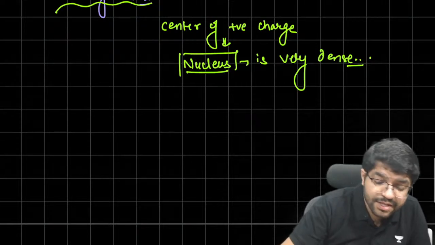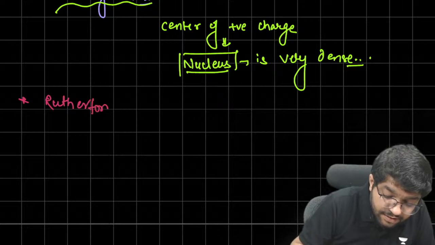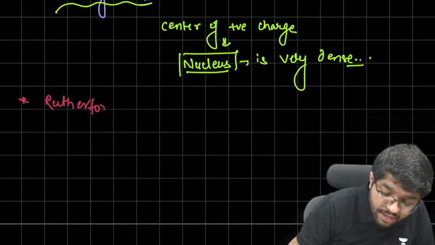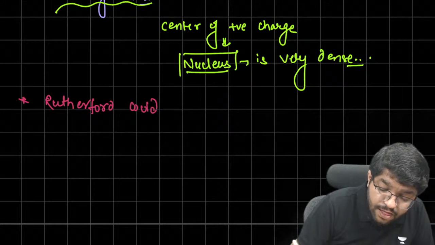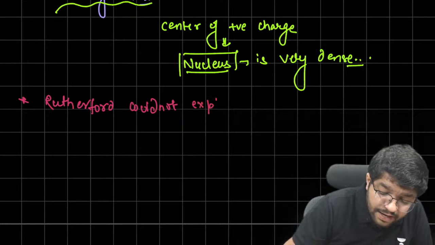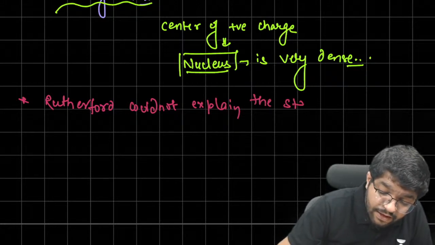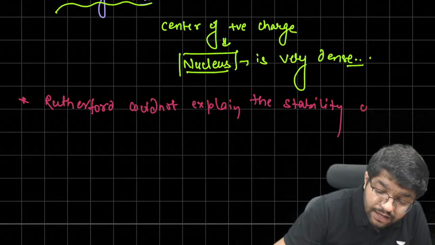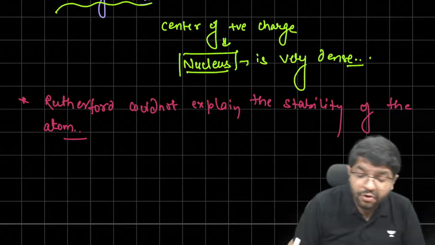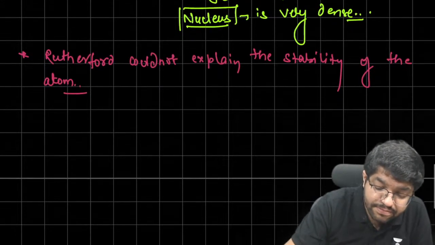But yes, the problem was Rutherford could not explain the stability of the atom. According to him, the atom should have collapsed.